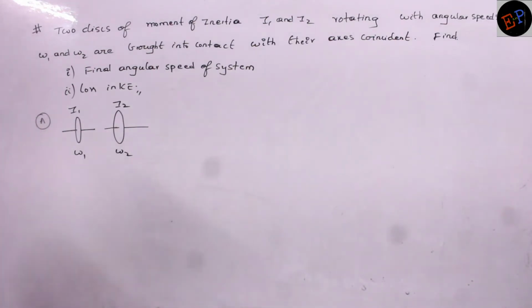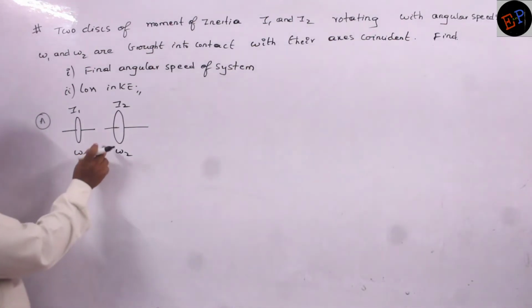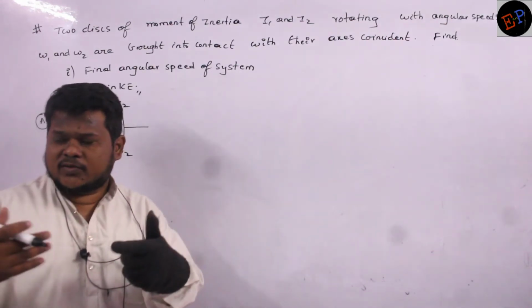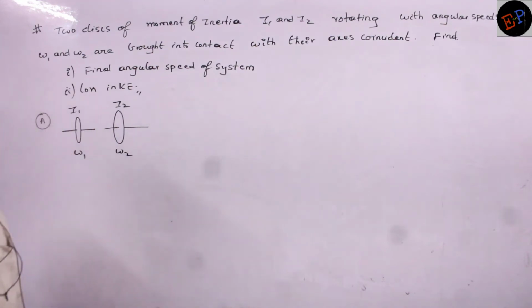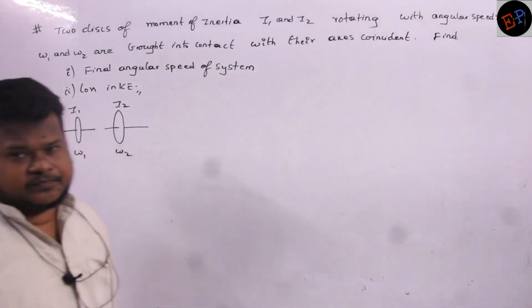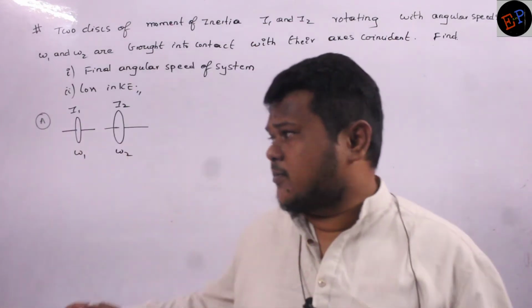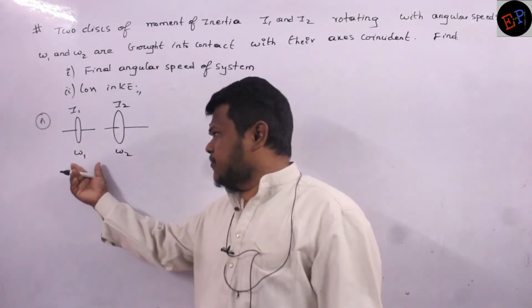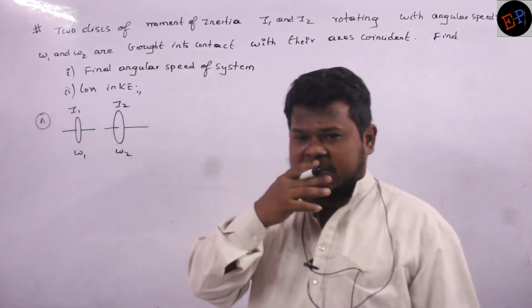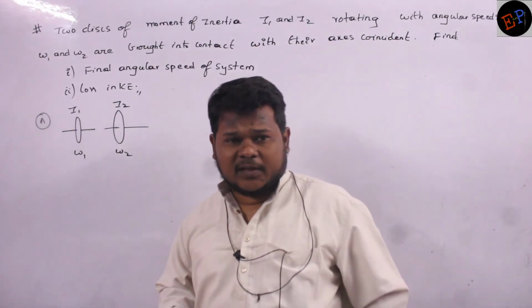Now these two disks are brought together, it means their axes are made to join with each other. Clear now? So if I combine their axes, then what will happen? Initially, their angular speeds are different. Angular speed of this one is omega 1, angular speed of this one is omega 2. Now if I combine them, what will happen?